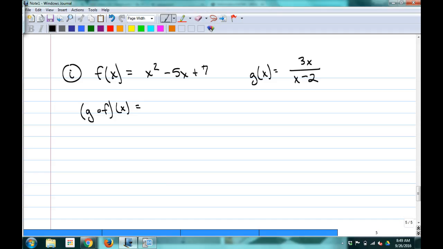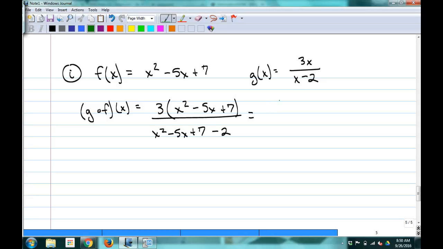All right. So, maybe a little easier on the composition for this one, because we're plugging the quadratic into the rational instead of the rational into the quadratic, which I think is easier. So that gives us 3 times (x squared minus 5x plus 7) over x squared minus 5x plus 7 minus 2. And just distribute that out and see what can happen.